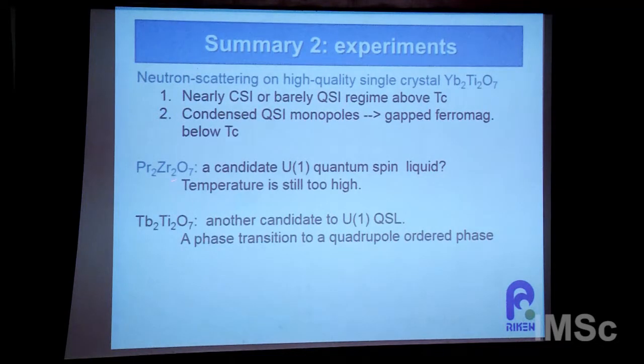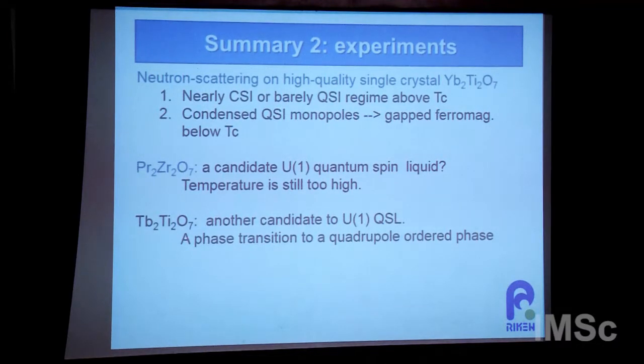But maybe it is better to improve the quality of the samples, because they say that the mean free path for this sample is just 1 cubic unit cell, just 10 angstrom or so. So it's clear that we need to improve the quality of the sample.